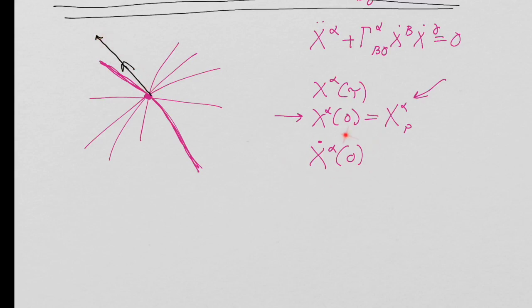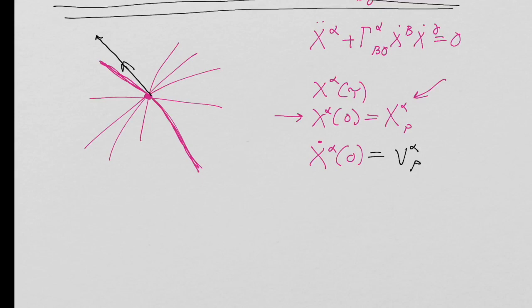And that's what this is. This is the tangent vector. So we're going to set that to be the initial vector. We'll call it V alpha at P. That's the initial vector.